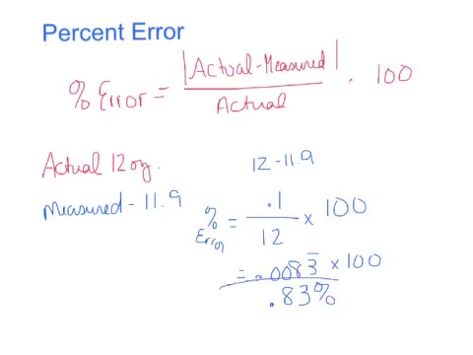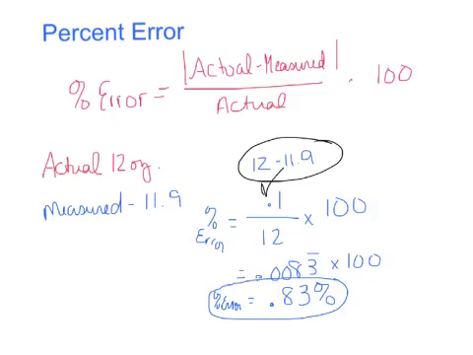This would be my percent error, and that's basically all I'm going to do. Keep in mind that this should always be positive, so I can just do the larger minus the smaller. It'll always come out okay. And just keep reminding yourself that you're dividing by what should be the actual amount.